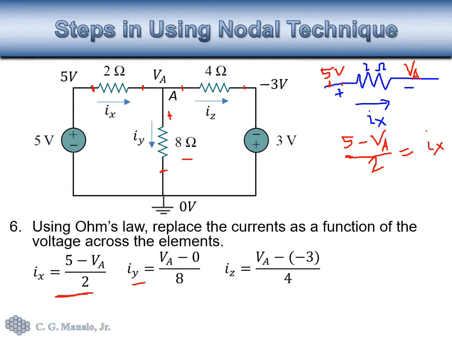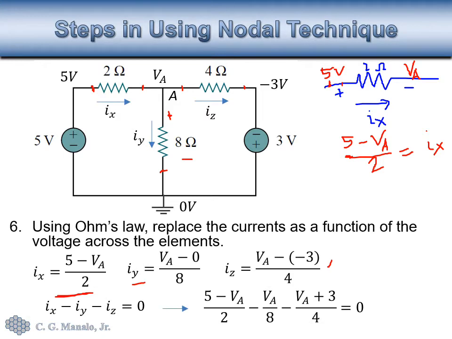So VA minus negative 3 divided by 4. So that should be I sub z. Now, take note that the currents I sub x, I sub y, and I sub z are actual currents flowing through the elements. These are not imaginary currents that we discussed a while ago in our previous videos for mesh analysis.